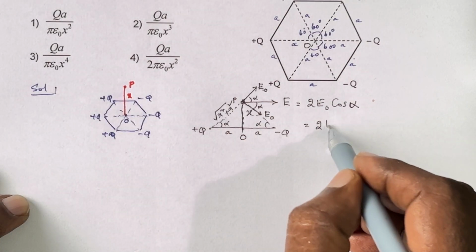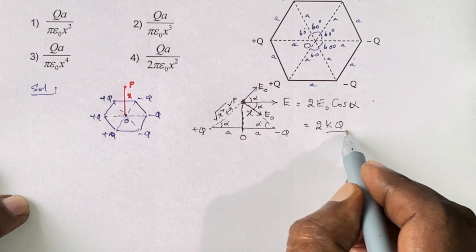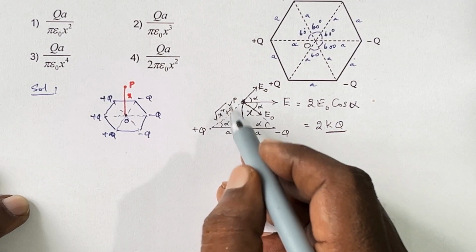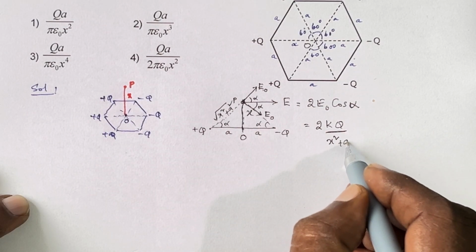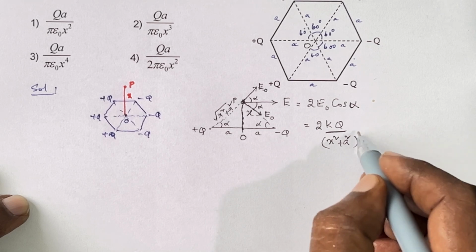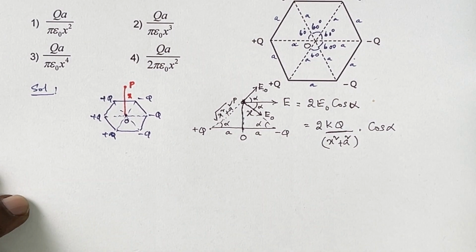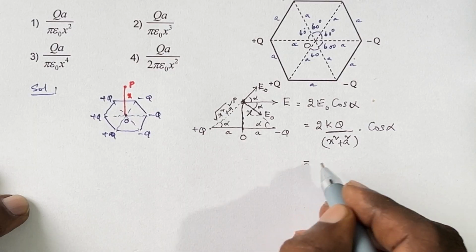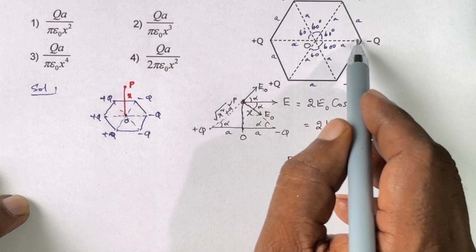K Q by root of x square plus A square whole square, which is x square plus A square, into cos alpha, right?